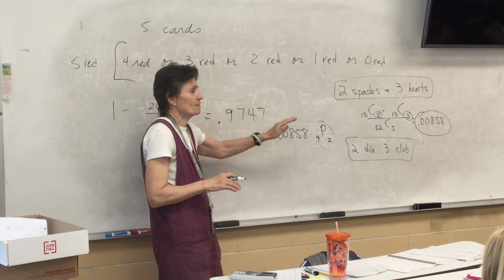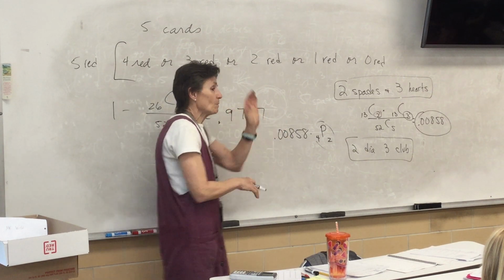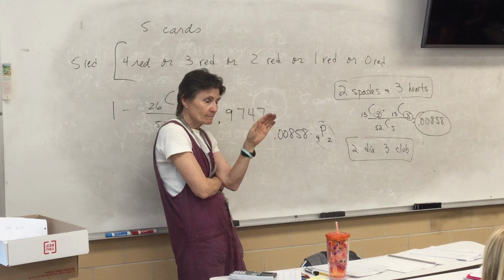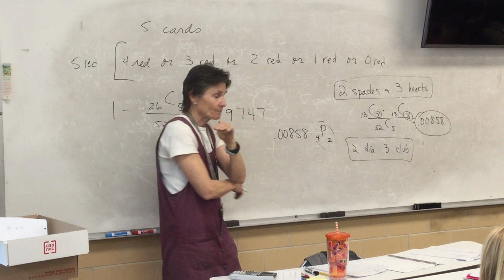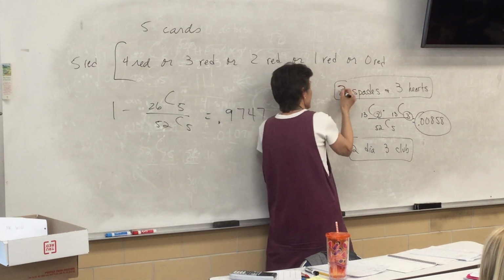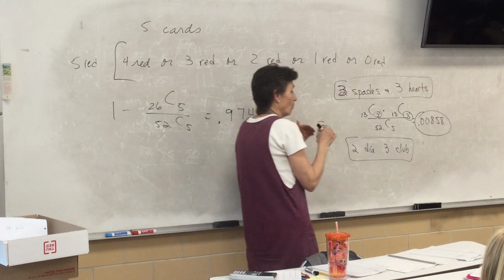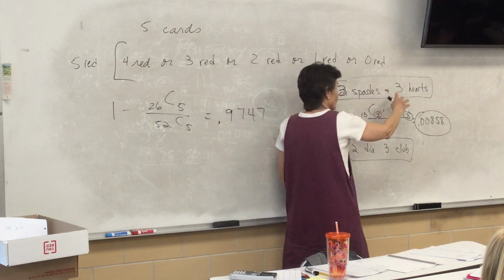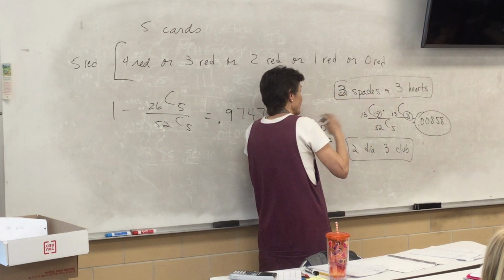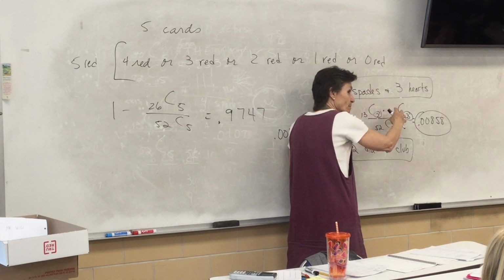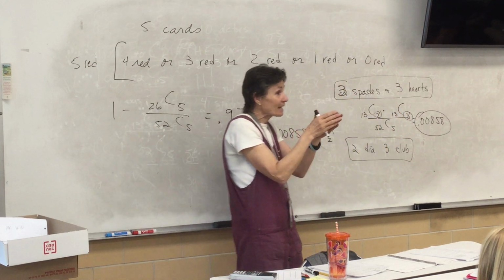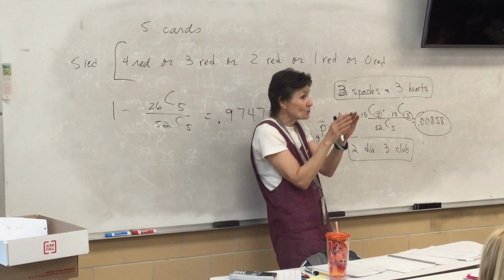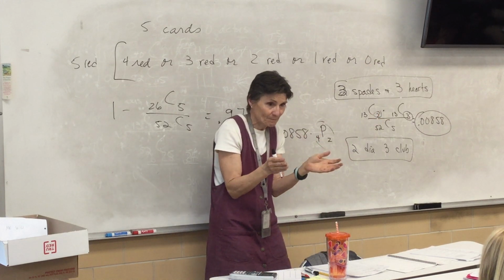Now, what I want to make sure you get though is, this is a tough problem, no question about it, this is a toughie. What if I were doing 6 card hands and getting 3 of one suit and 3 of another? Now think about that for a second. Would 3 spades and 3 hearts look any different than 3 hearts and 3 spades? No. So since I'm picking the exact same number of each suit, the suits are the same.